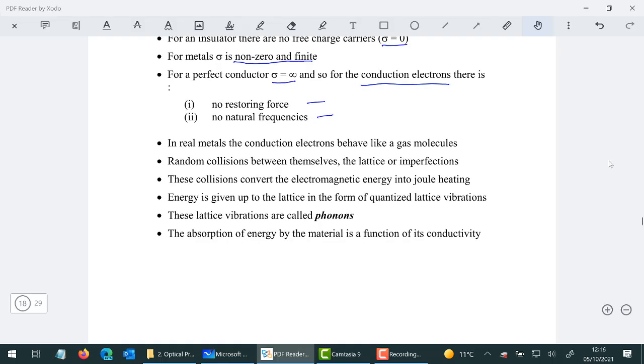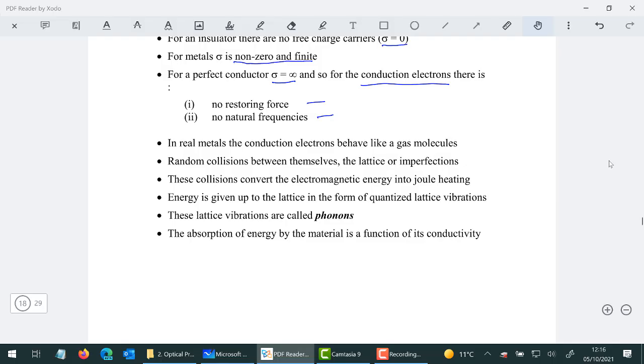We can think of the analogy of Brownian motion for molecules in a gas. If we have a box of gas, then the molecules will be moving around in random directions at random speeds, and will bump into each other, and all sorts of interesting things will happen. In metals, the conduction electrons behave like that.